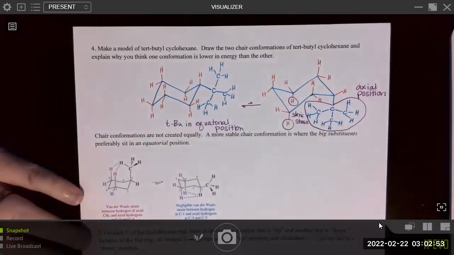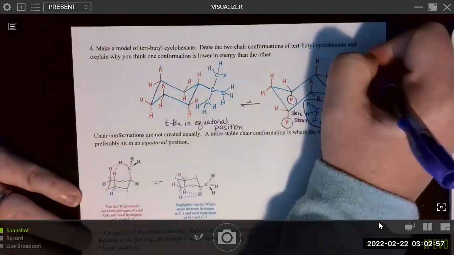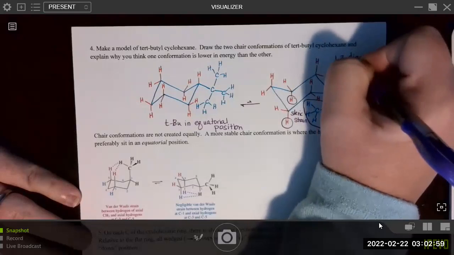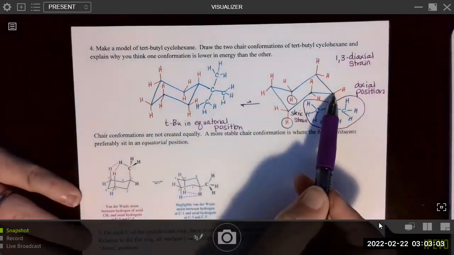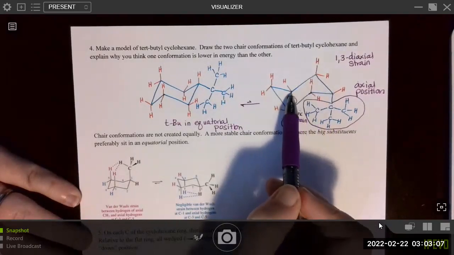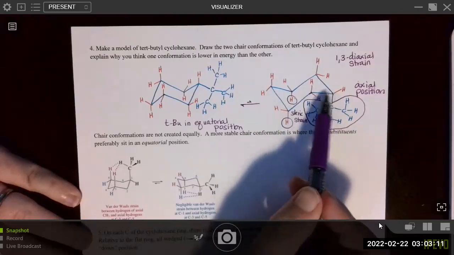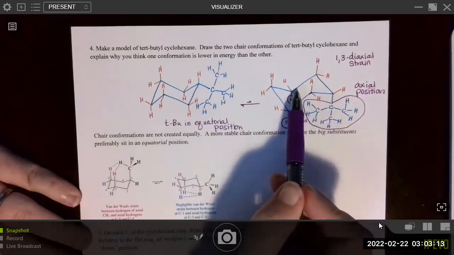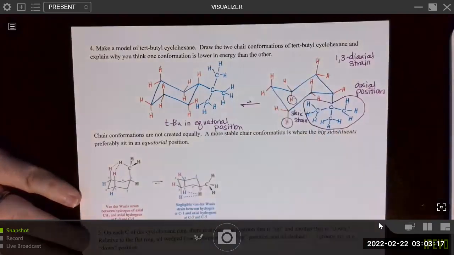Okay, so we call this 1,3 diaxial strain. The reason why it's called that is if you called this carbon number 1, right, then if you counted 1, 2, 3, this would be carbon 3, and the 2 axial groups. So it's the relative position of 1, 3 in either direction, right, with the groups in the axial position.